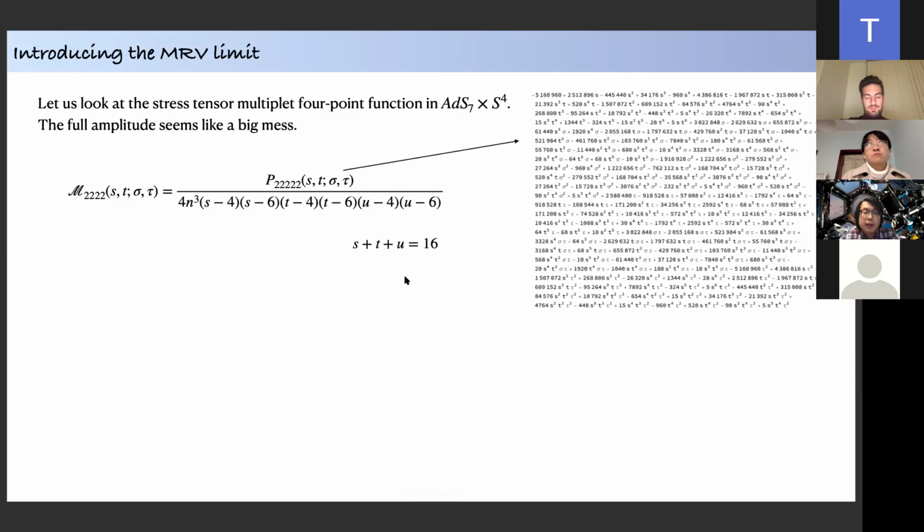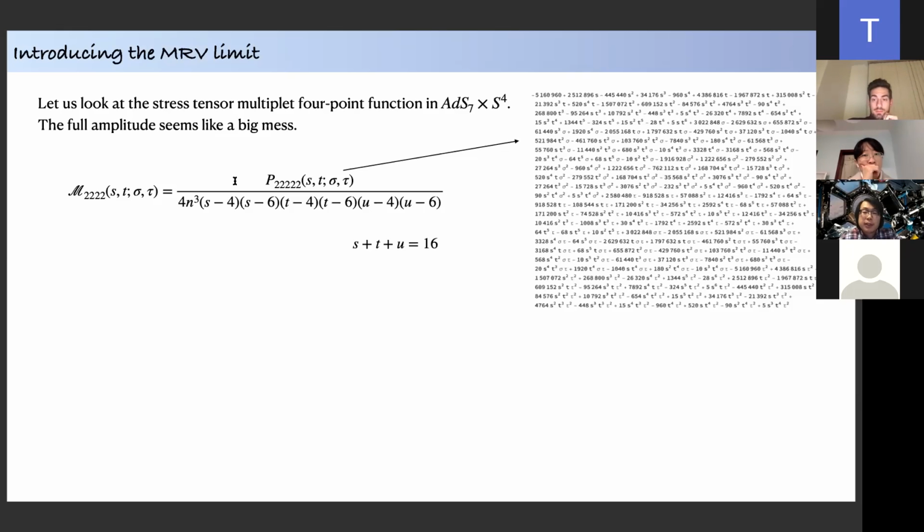So now let's see how this limit is useful. Here I'm giving you the simplest four-point function for AdS7 × S4. These are the four-point functions of stress tensor multiplets.